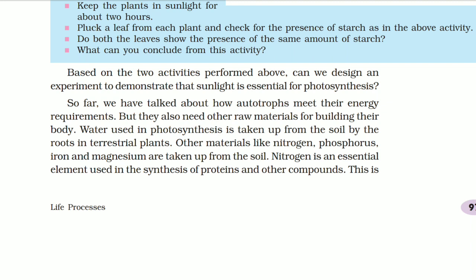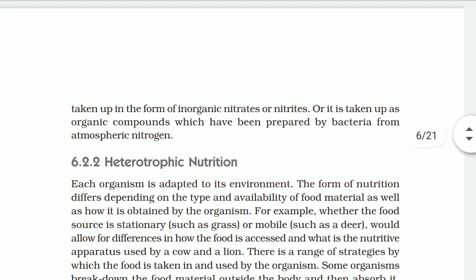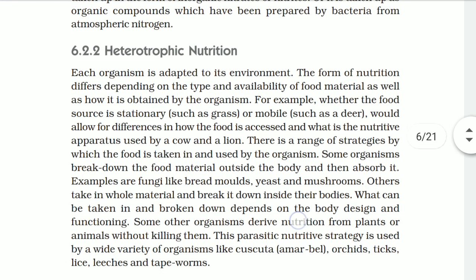Nitrogen is an essential element used in the synthesis of proteins and other compounds, and this is taken up in the form of inorganic nitrites or nitrates, or as organic compounds which have been prepared by bacteria from atmospheric nitrogen.